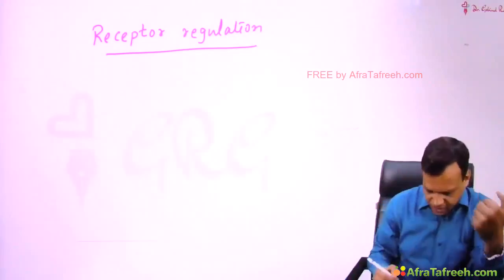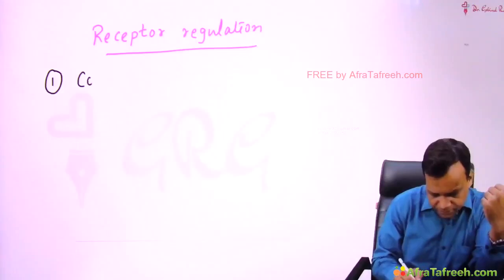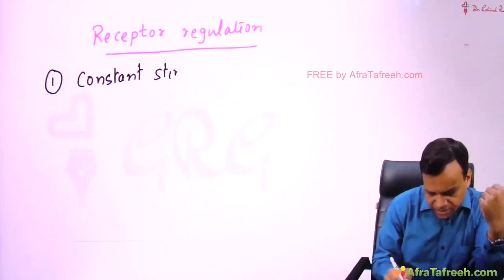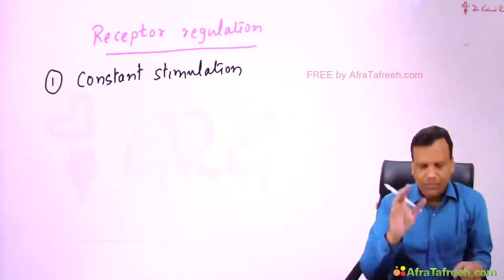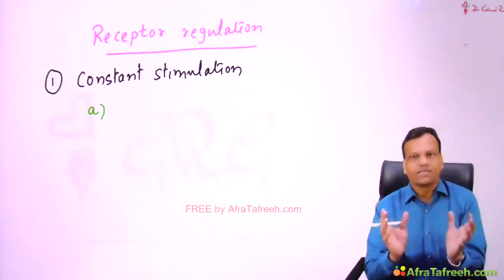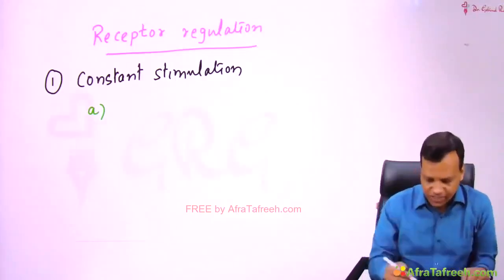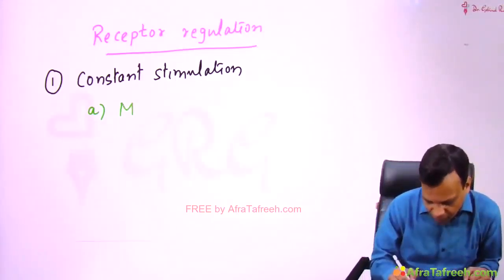Starting with the first method, that means when we constantly stimulate the receptor, or we can say constant presence of agonist, how it modifies the receptor. The important thing to remember is that three things can happen due to which the activity decreases. The first thing is masking of receptor.